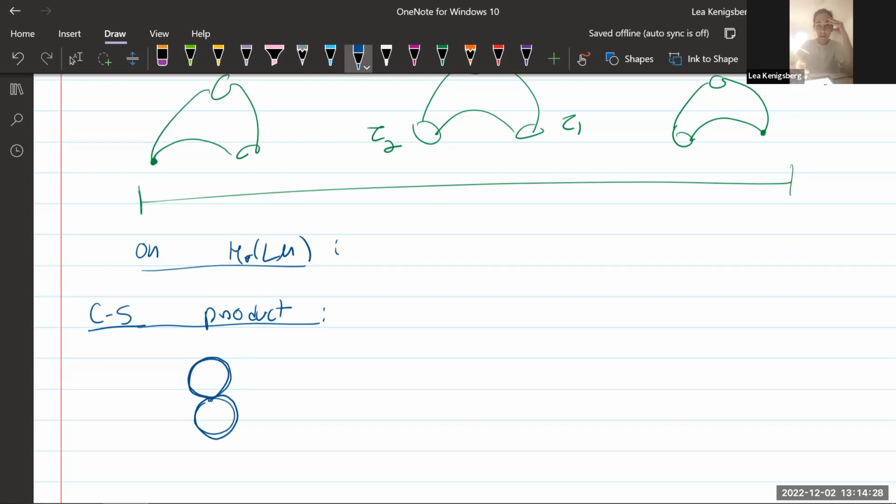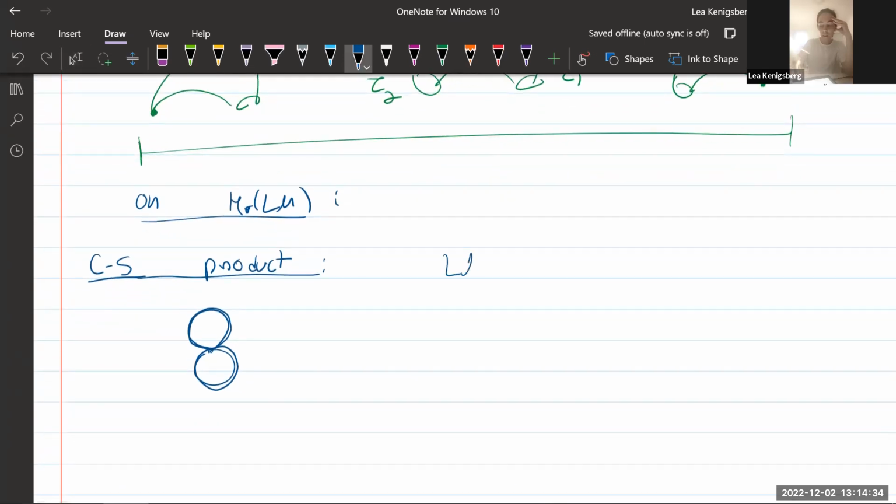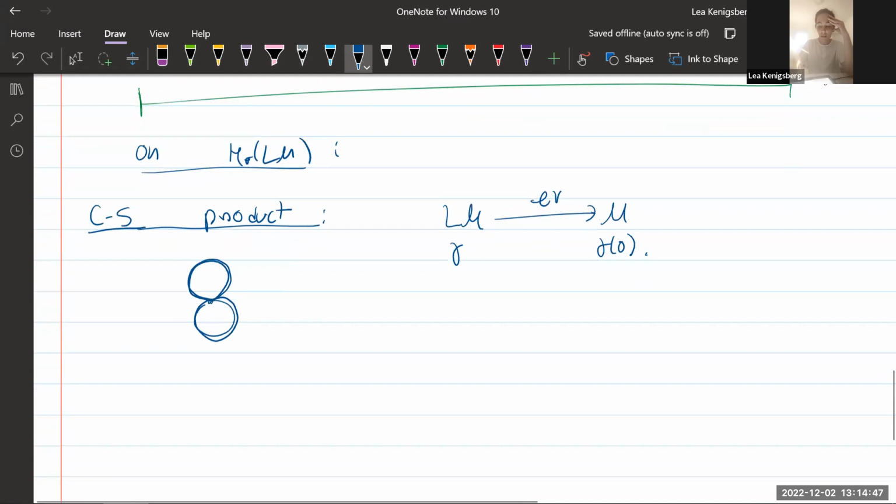But in the free loop space, you can't necessarily concatenate two loops. But the idea is you have an evaluation map from the free loop space to M, which takes gamma and evaluates it at gamma of 0. And you can try to take the fiber product over this evaluation map.